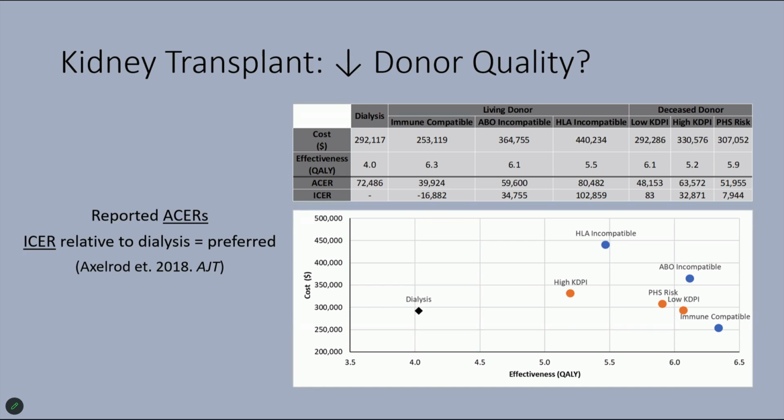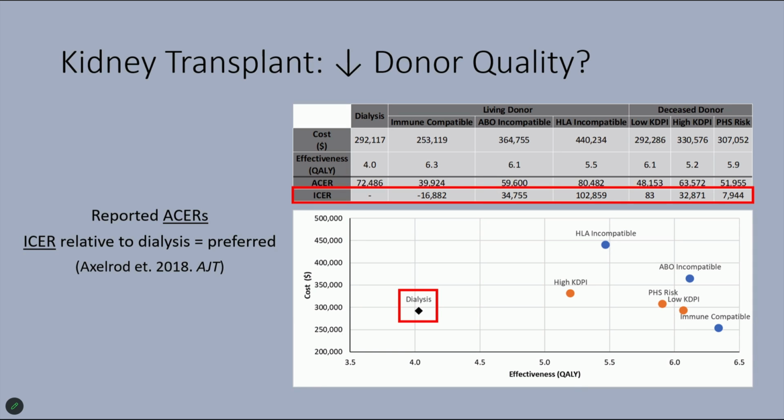So what about lower donor quality? Axelrod et al. performed the only cost-effectiveness analysis specifically on donor quality. This is based on modeling. Their publication actually reported the average cost-effectiveness ratio rather than the incremental cost-effectiveness ratio, so here I've manually recalculated and plotted the ICERs relative to dialysis, and the overall conclusions are fortunately similar.